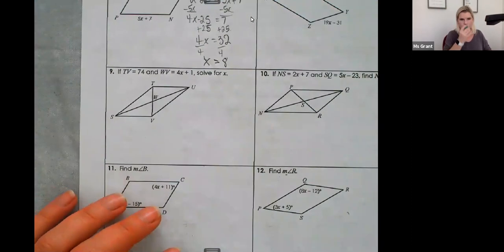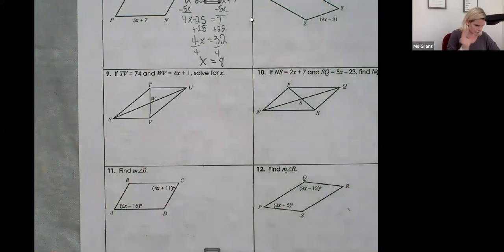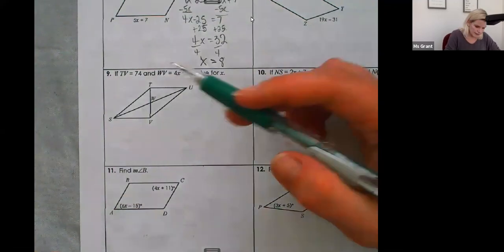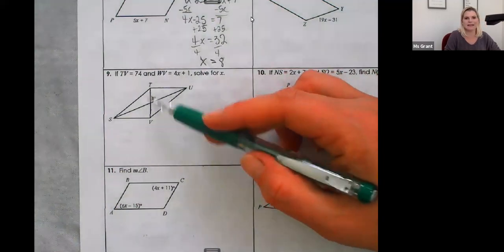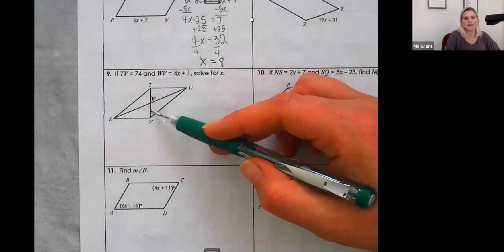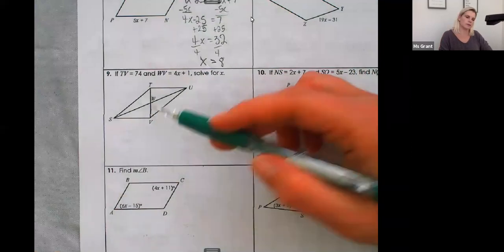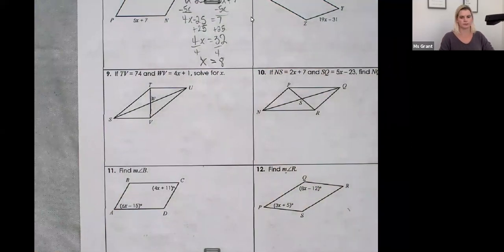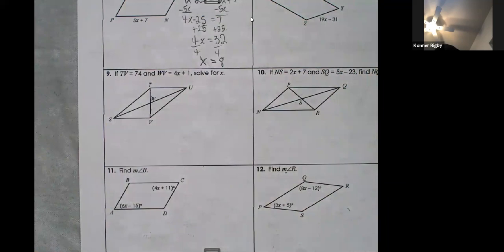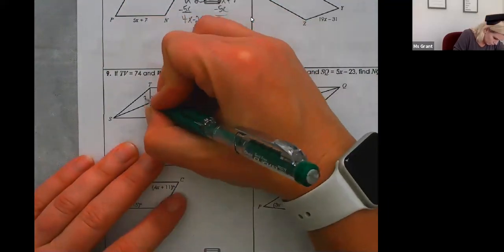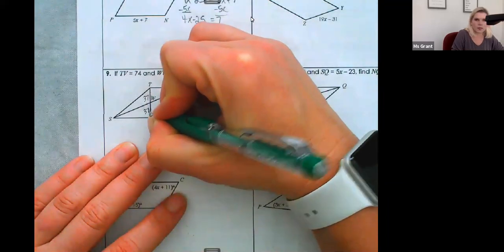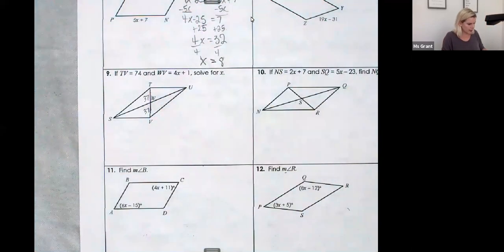Check this out. Number 9. We're skipping 8. Time is short. TV is 74. You guys, if it's 74, what is it bisected? What's half of 74? 37. 37. 37. Okay. Miss Grant, can you go back up just a little bit?